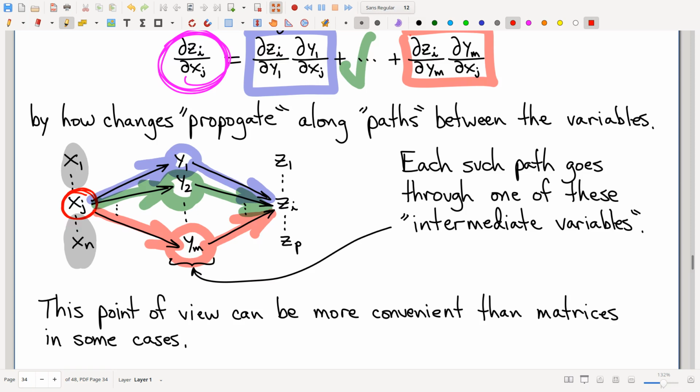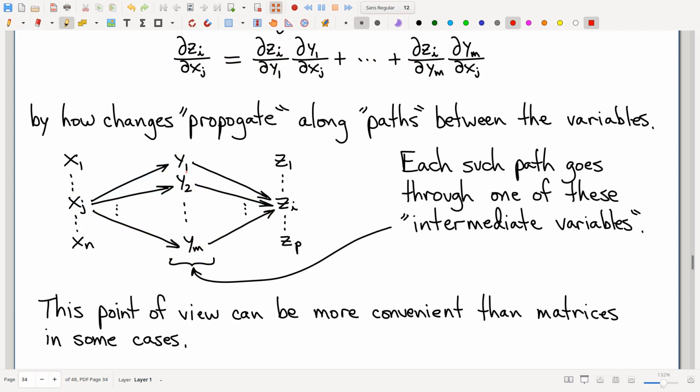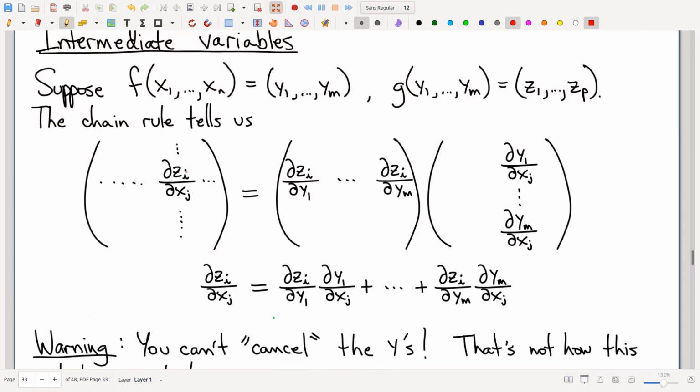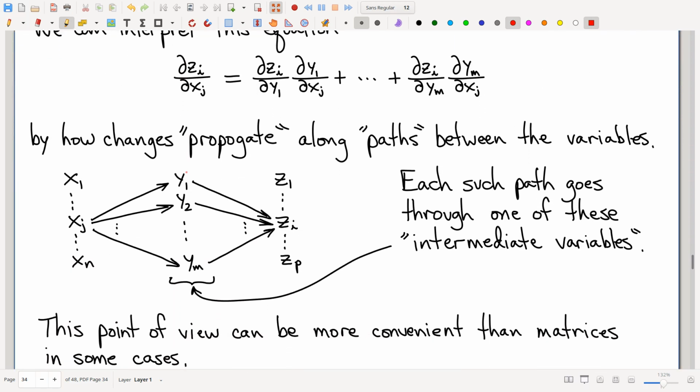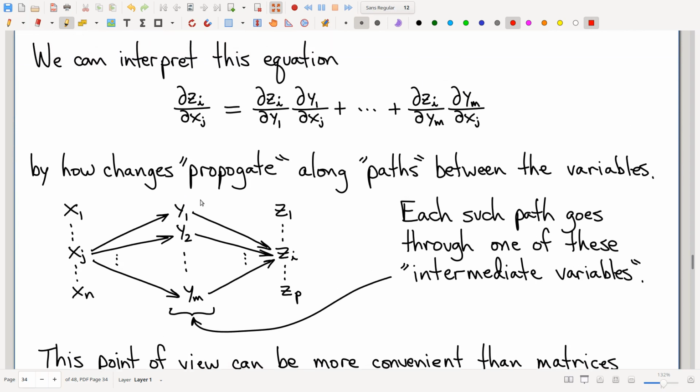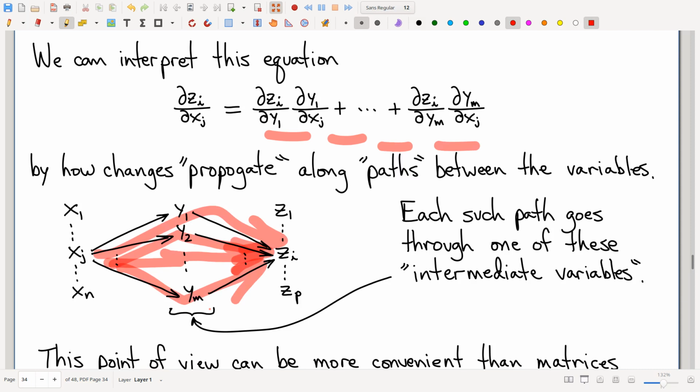What's beautiful about this is that, I'm not encouraging this, but you could hypothetically forget all about the matrix form of the chain rule, and whichever partial derivative you need, you can just write down the terms by keeping track of all the different paths, each one of which, of course, is going to go by way of a different intermediate variable.